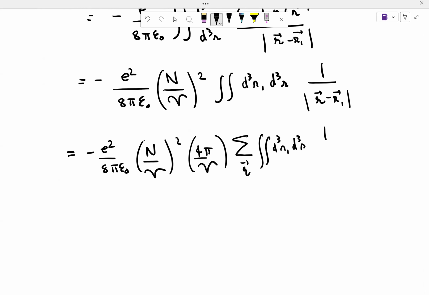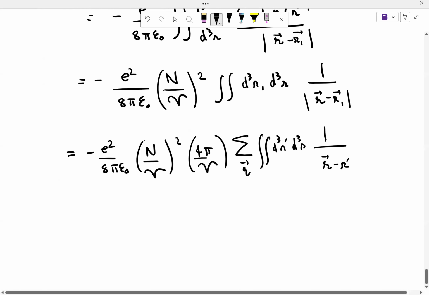If you don't mind, I'm going to use r and r prime. So this is 1 over r minus r prime. So let's stick to r1, and we've already used r1, so let's stick to that. d cube r1, r minus r1.